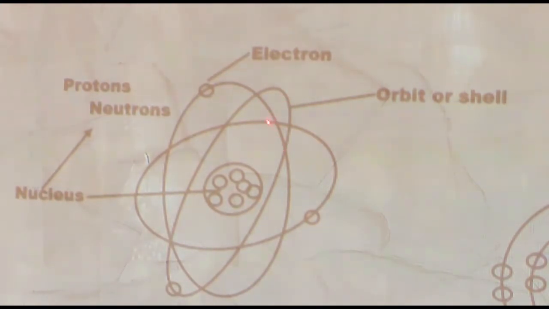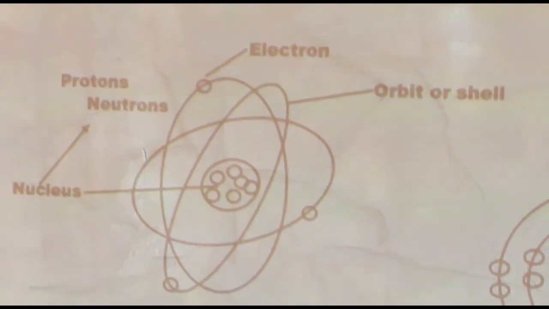Now, when you look at the small, tiny circular shapes on the orbit, there are three of them here. This represents electrons. So on this note, protons and neutrons are inside the nucleus of an atom, and the nucleus makes the central part of an atom. Around the nucleus, we have orbits or shells, and on these orbits or shells, we have electrons arranged.